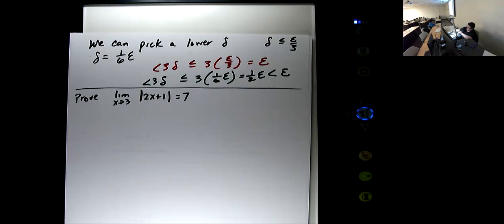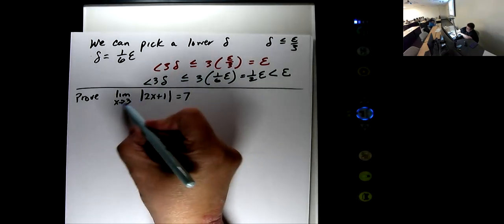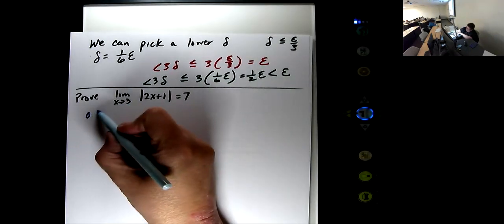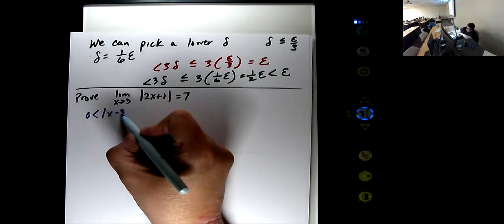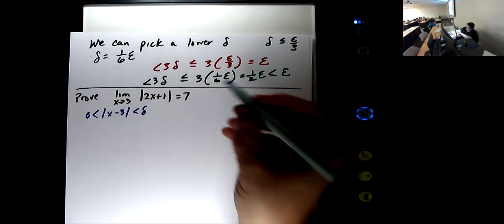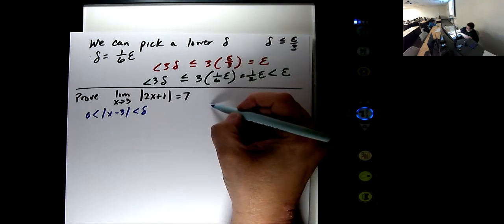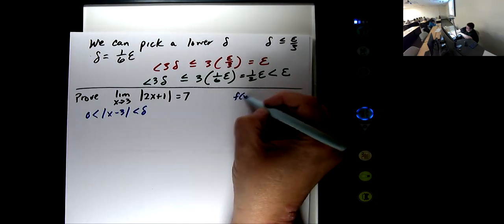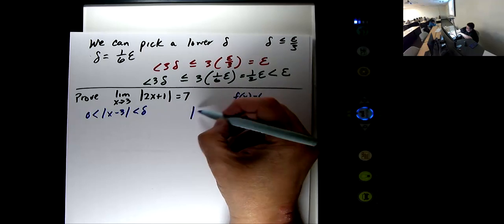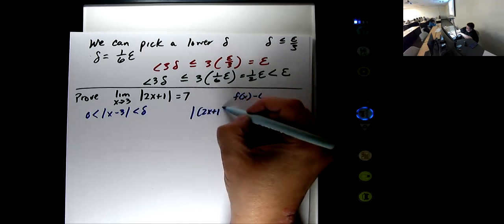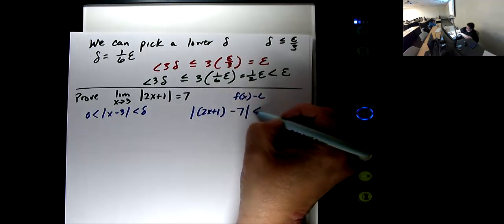So our discovery phase, this setup, that's my A. So this is 0 is less than the absolute value of x minus 3, which is less than delta. And if we do the f of x minus L, I have the absolute value of 2x plus 1 minus 7 is less than epsilon.